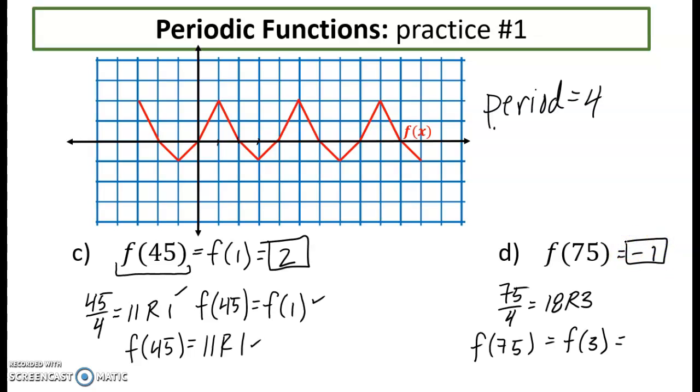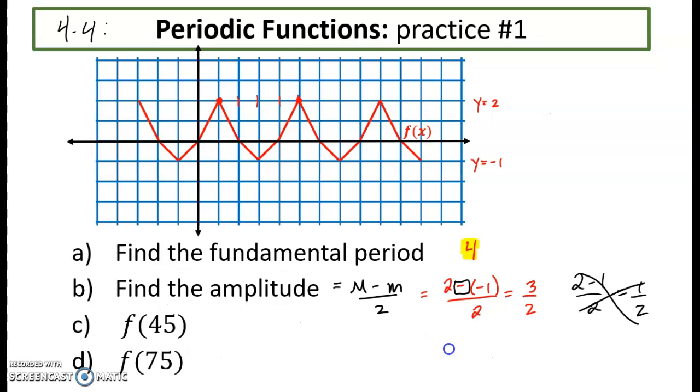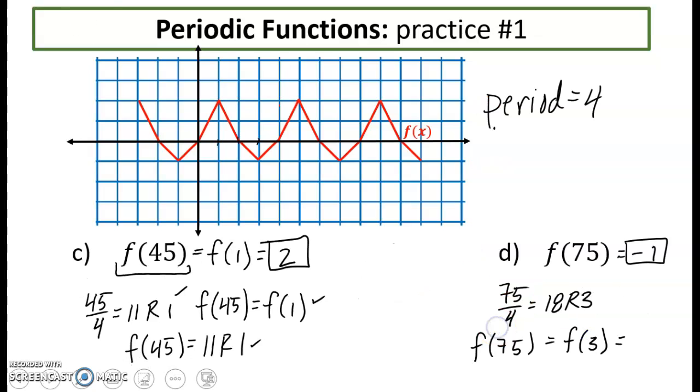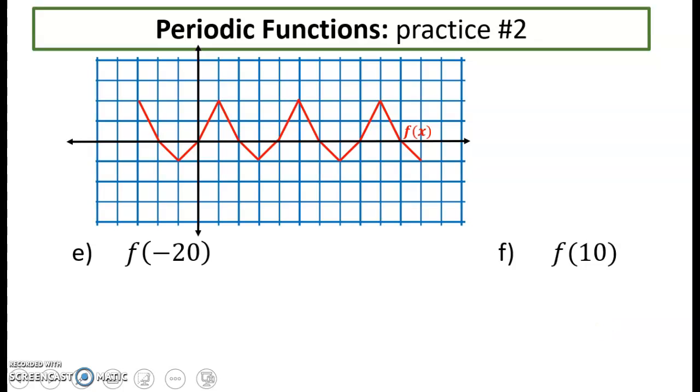So on Edpuzzle, I only gave you 100 if you got all 4 of these answers correct. Okay, so do not fret if you got a 0 on that. All right, let's continue with these function values. We can find them if our input is negative. Okay, so -20 divided by 4 goes in an even amount of times with no remainder.